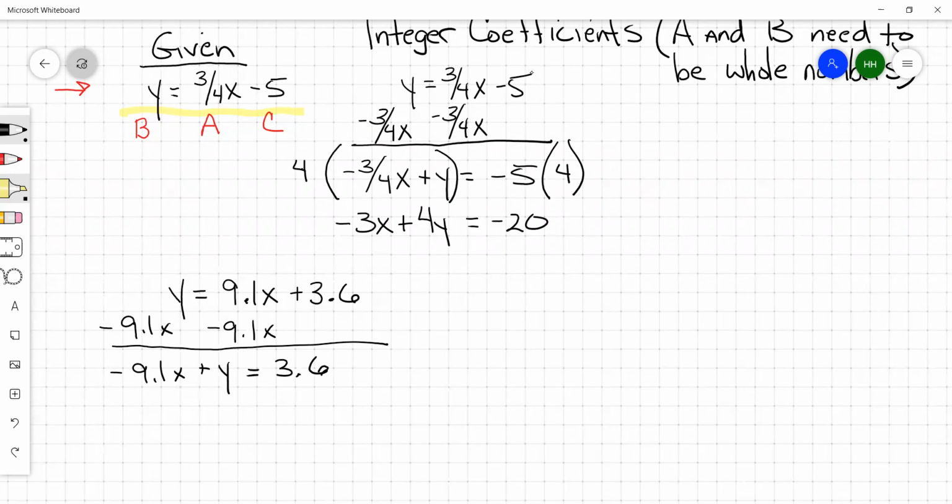Now we got to get rid of these decimals. So let's put a little note right here: multiply by denominator.